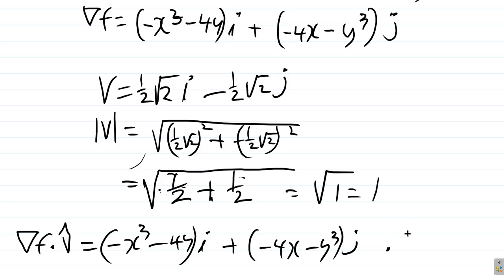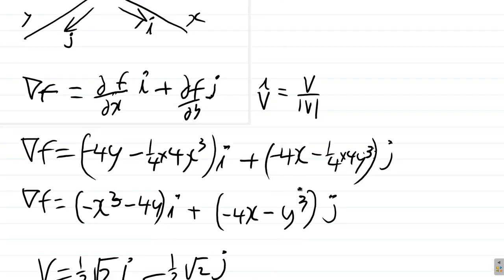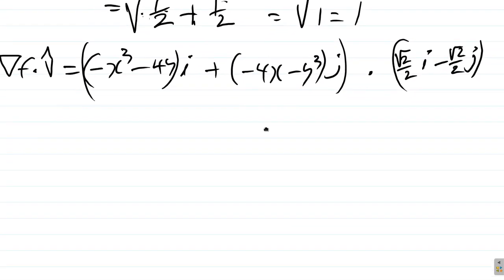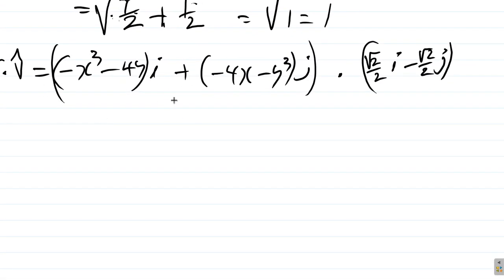We dot product that with the vector, instead of writing half square root of 2, just square root of 2 over 2 i minus square root of 2 over 2 j. So we have these. Oh, by the way, they say at the point 1, 2. Now, I mean 1, 0. So that makes it even easier for us, because we're just going to substitute 1 for x and 0 for y. It will simplify the working quite a lot. So x is 1, y is 0.